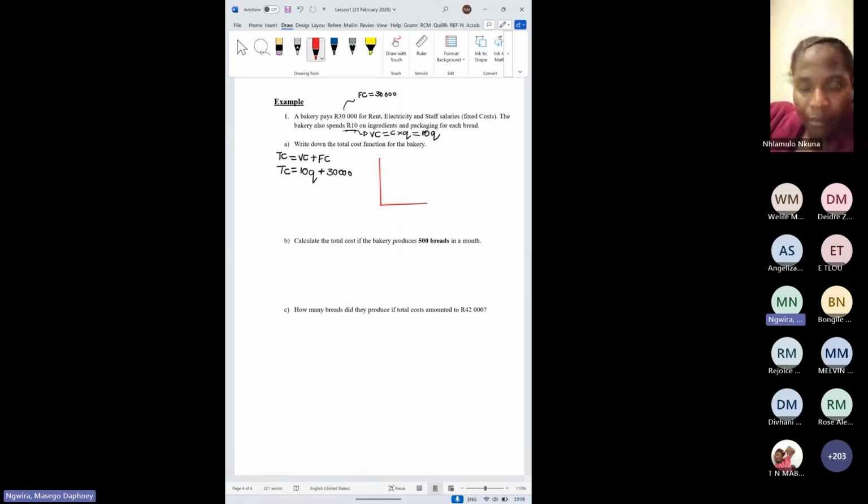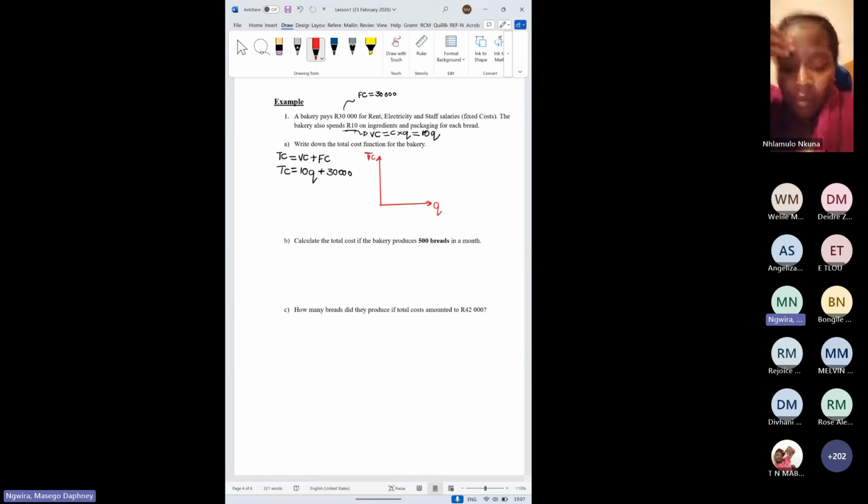Some call them independent, dependent, but let me just call them vertical and horizontal so that we are all fine. This one is my TC, and the Q is going to be here. So the variables in this case are your TC and Q. I said that every time they say plus something or minus something, that's where you start.